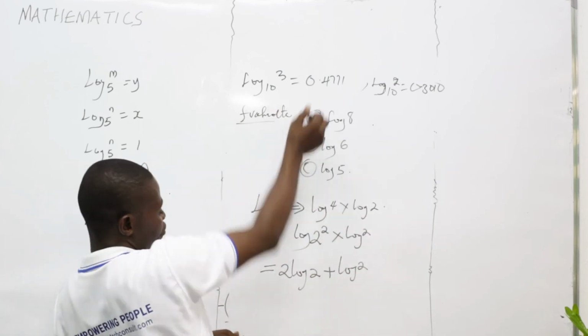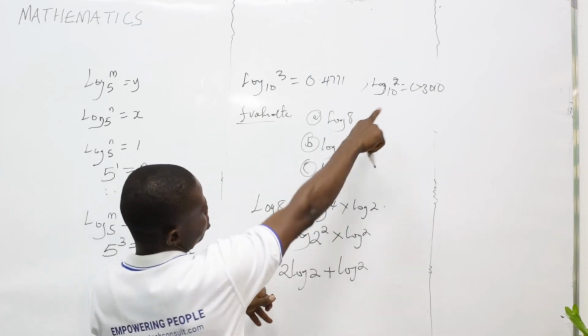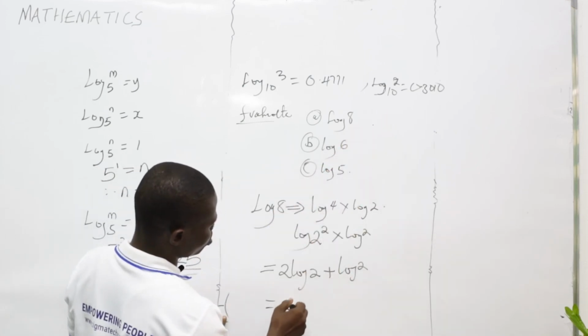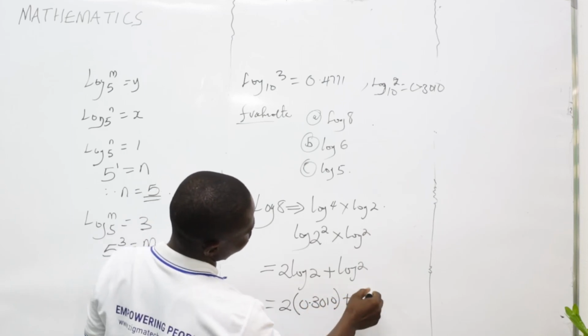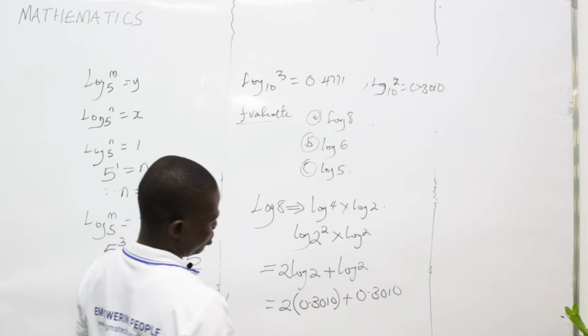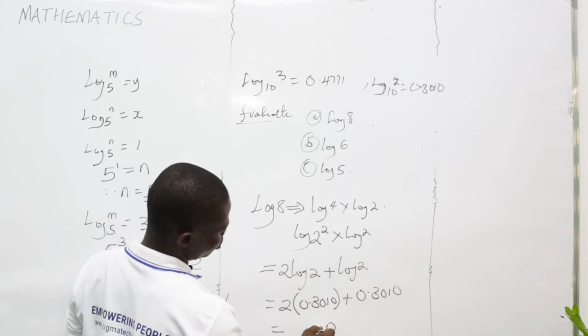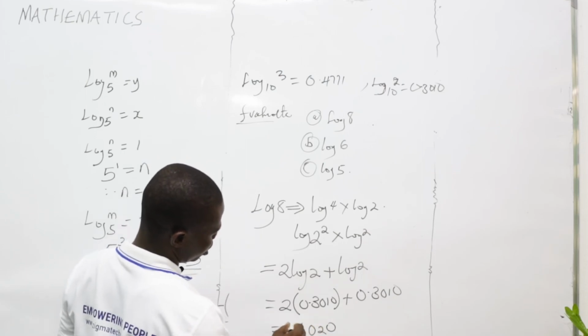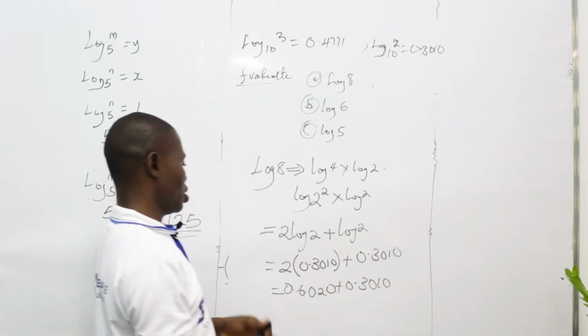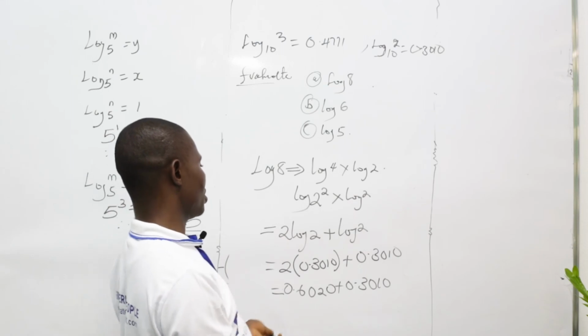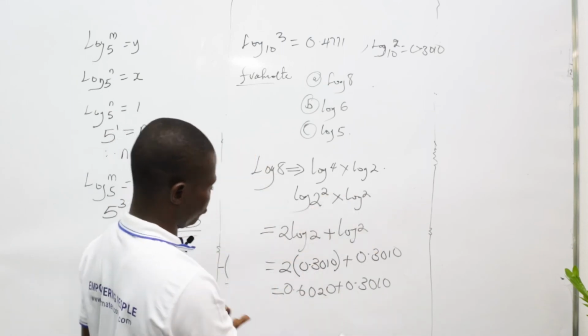The value of log 2 has been given to you, meaning 2 multiplied by 0.3010 plus 0.3010. This will give us 0.6020 plus 0.3010. Like I told you before, it's easier. It's just a name.